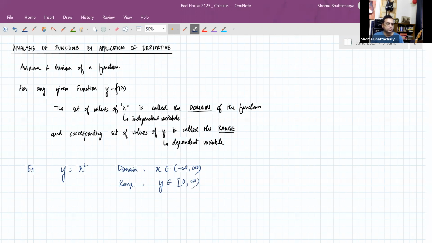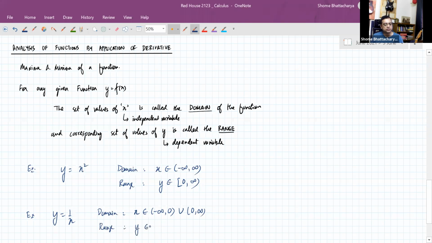Okay. But for example, if we have the function y is equal to 1 by x, then we can see that in the domain 0 is not allowed. So it is the set of minus infinity to 0, not including 0, union with 0 to infinity. And similarly in the range, you can see that 0 is not included.